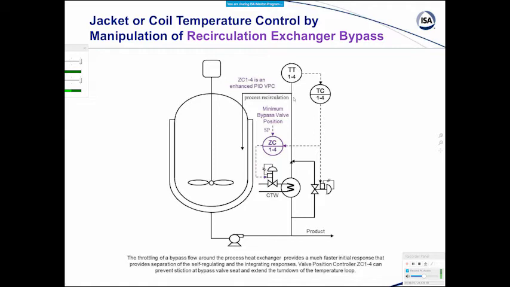But anyway, what we got shown is, again, throttling a bypass flow to get a faster response, with a valve position controller being used to help optimize things in terms of greater rangeability and higher velocities going through the heat exchanger, and a lot of other benefits associated with this.